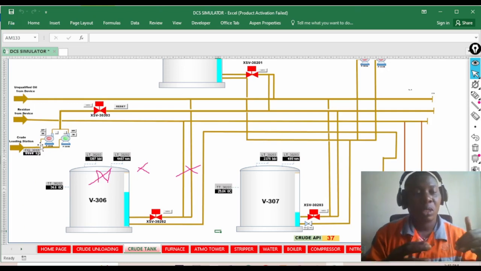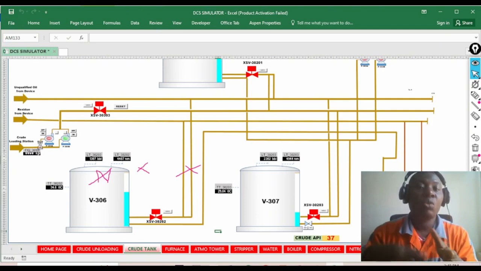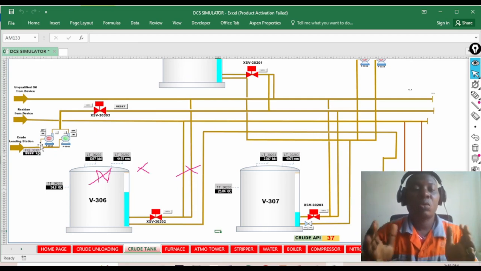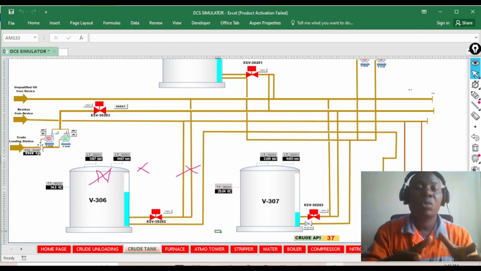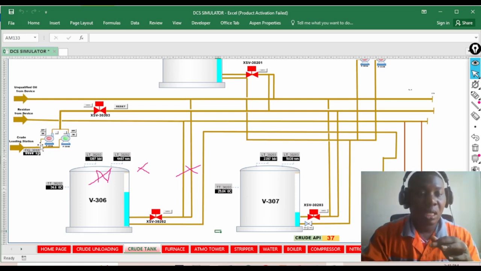That is because the crude passing through the pump when it's working also serves as a coolant, cooling the seal. With time it's going to damage the pump because the seal will get very hot, and at the end of the day it will get damaged. All right, so that is this first scenario.